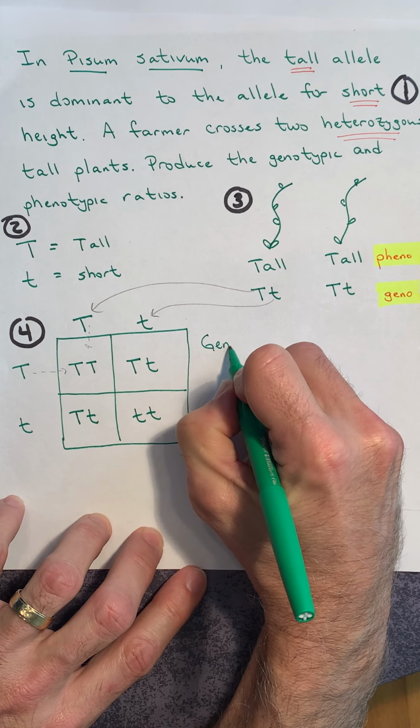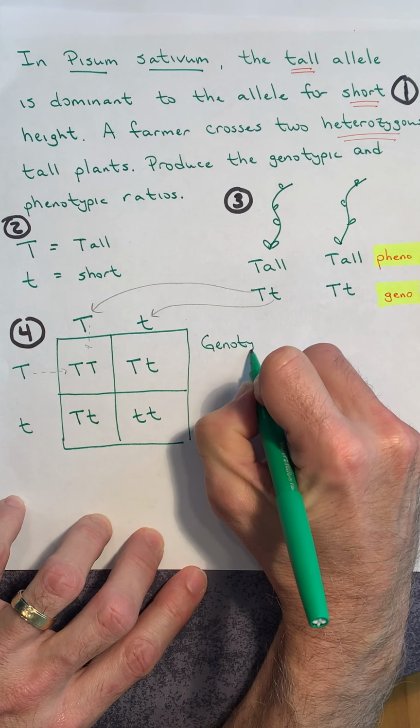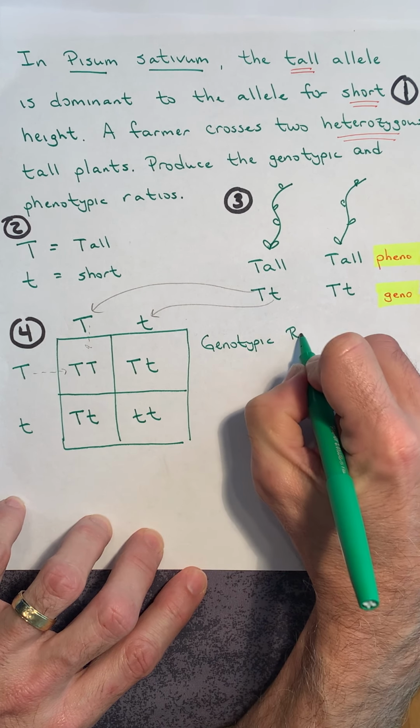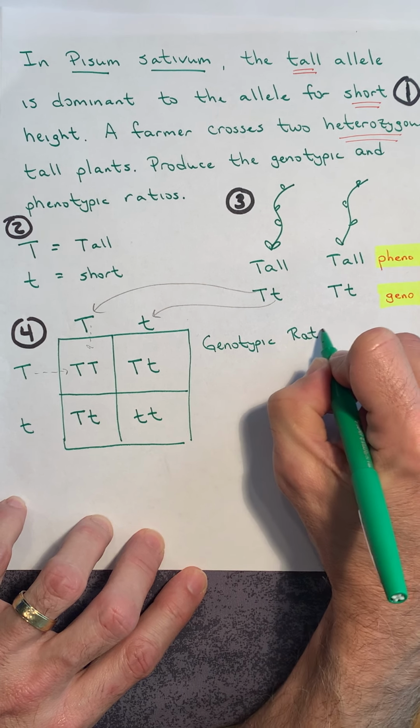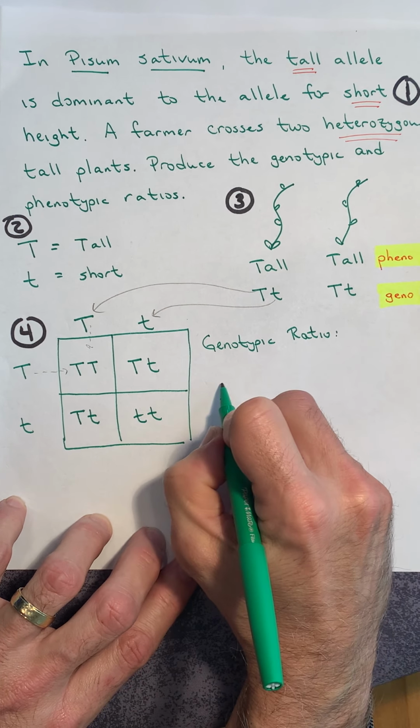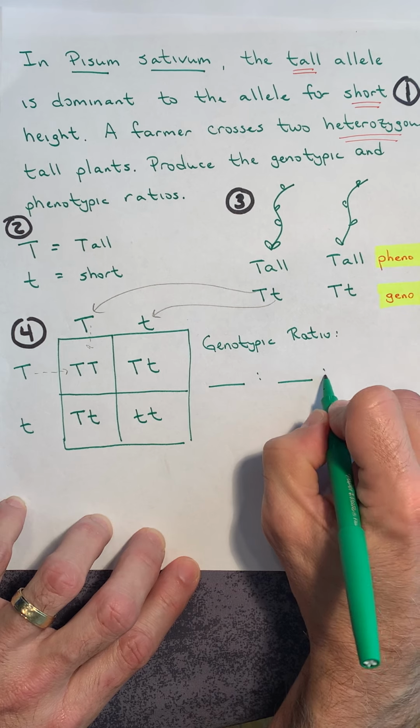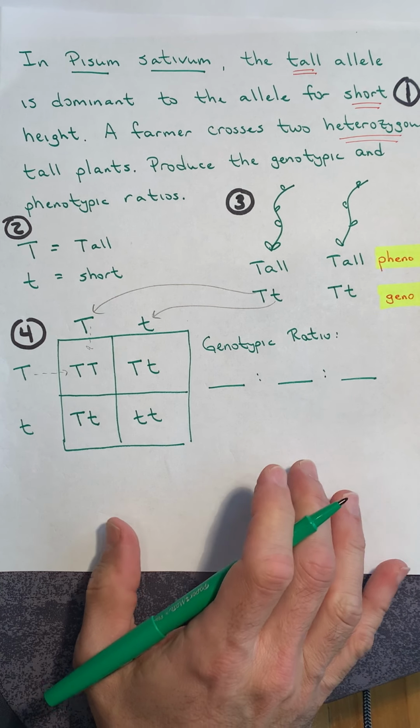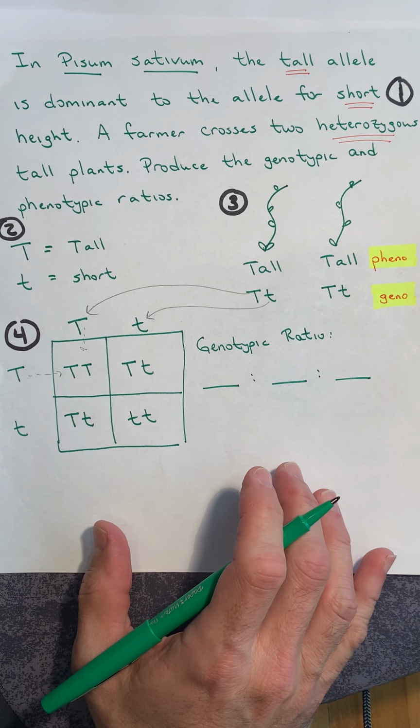Okay, so all a ratio is a relationship between numbers. Oops, how about if we spell ratio with an A? There we go. So, genotypic ratio. We list all of the possible genotypes, right?